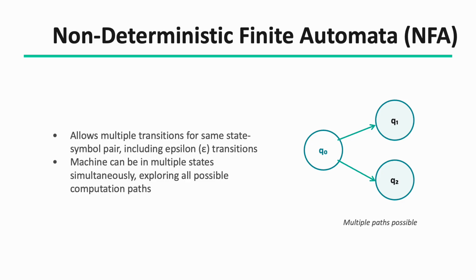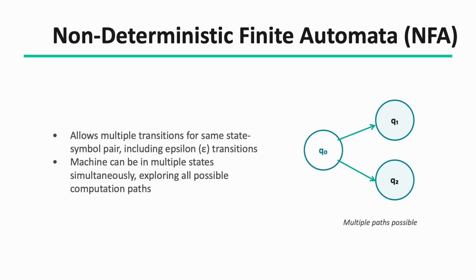This means that if you are in state Q0 and you receive a specific input, the machine can transition to multiple states, like both Q1 and Q2 at the same time. Additionally, NFAs can have something called epsilon transitions, which let the machine change states without consuming any input.